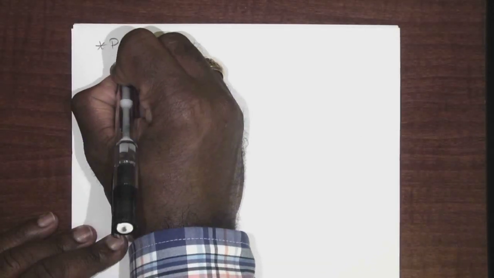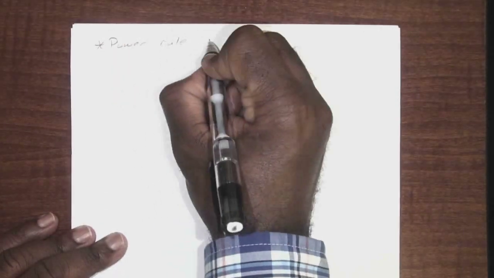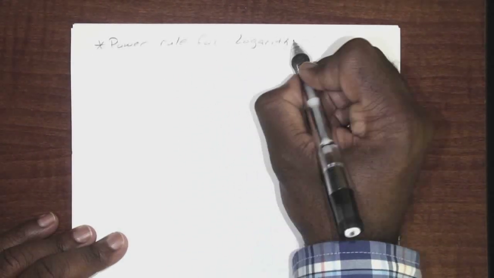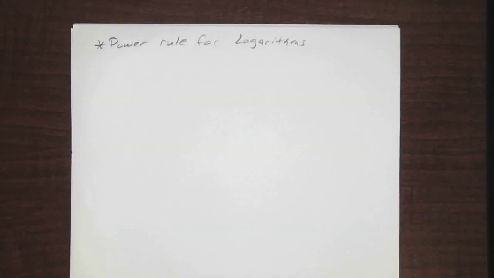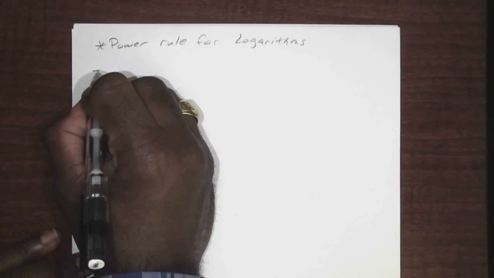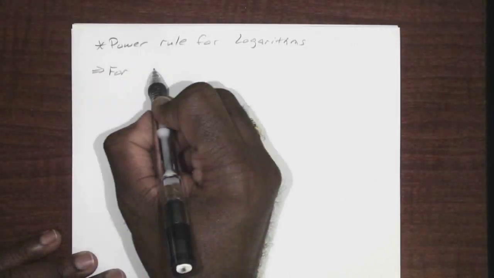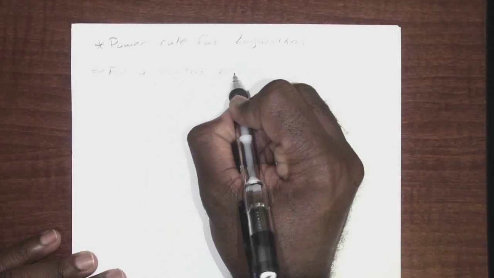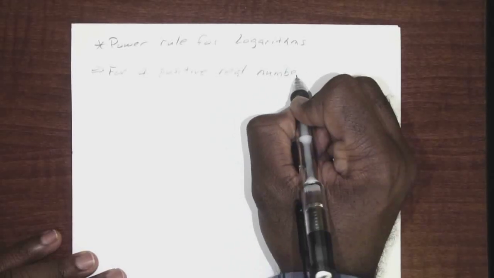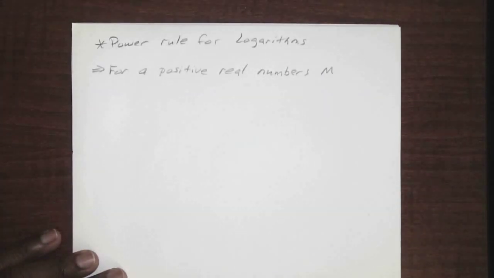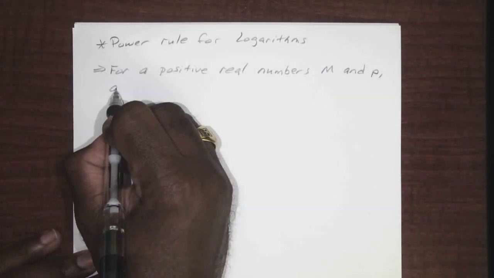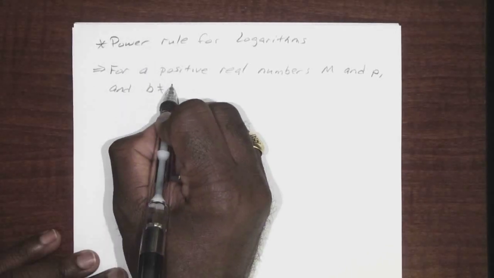Okay, and now we have the power rule for logarithms. Just like before, we're going to apply it for all positive real numbers M, and instead of M and N, we're going to use M and P. And our base doesn't equal 1.